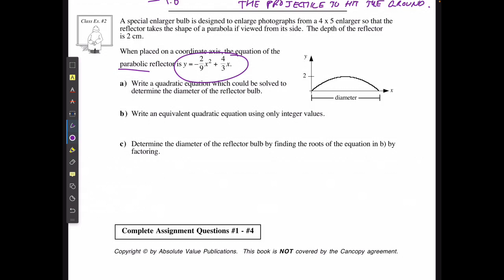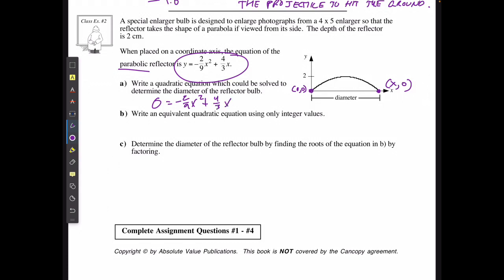Then it wants us to write a quadratic equation which could be used to determine the diameter. Well, if this is at the point of 0, 0, then I want the other x-intercept. I want the value of x when y is 0 over here. So I'm going to replace my y value with 0 in order to solve this. 0 is equal to negative 2 over 9 x squared plus 4 over 3 x.